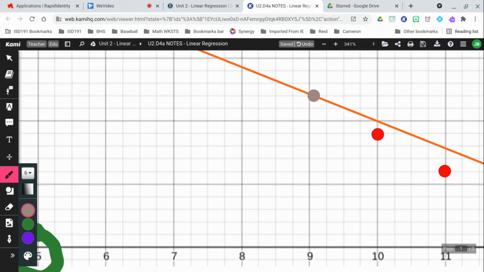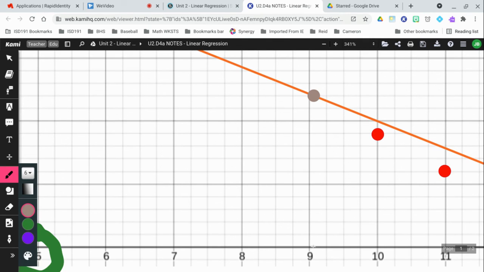Now, how old of a car could I expect to get? It looks like it's going to be just to the right of the 9. So yes, I could expect to get a 9-year-old vehicle. I suppose I could get a 10-year-old vehicle because that's only $10,000. I could not get an 8-year-old vehicle because that's going to cost more.